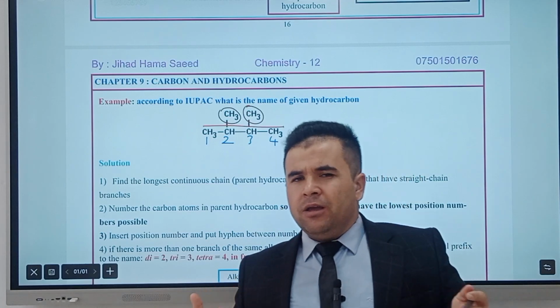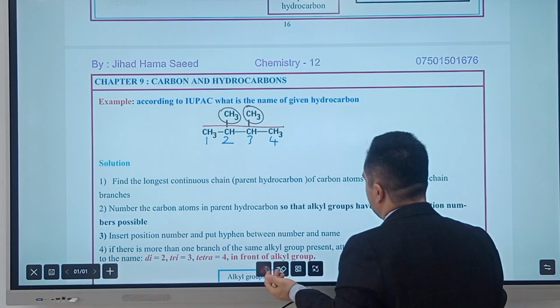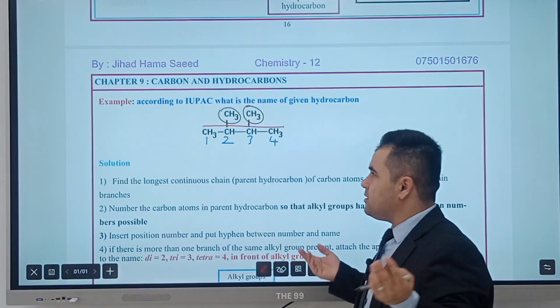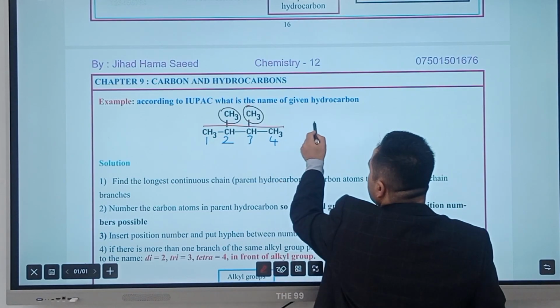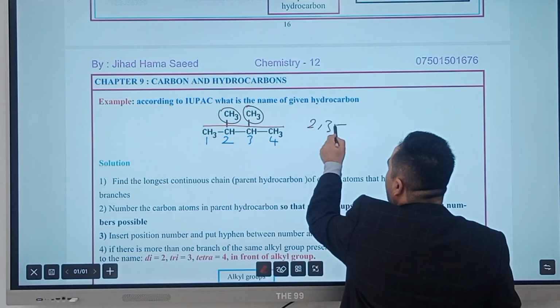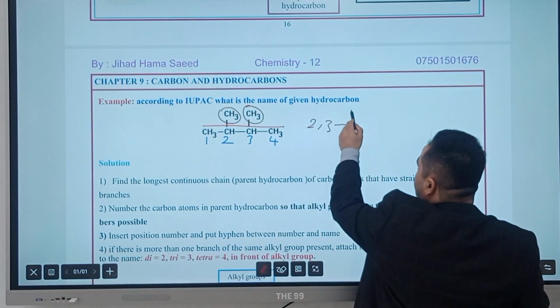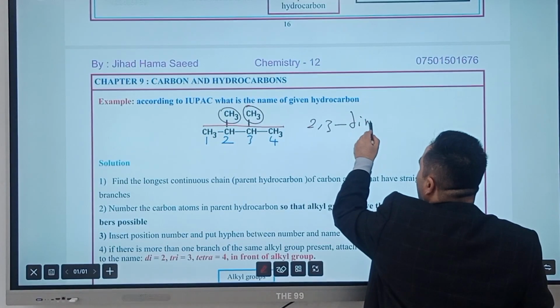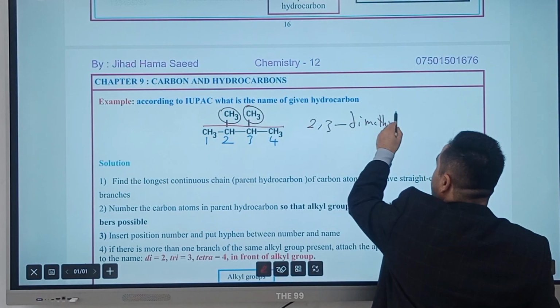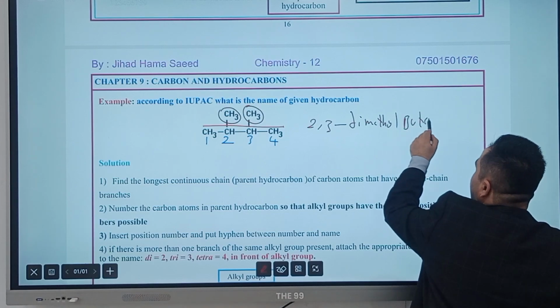We usually have no more than 4 of the same alkyl group, but there is existence. So in this case, write 2 comma 3 hyphen. The 2 alkyl groups are the same, so do not forget to use di, and then the name of the alkyl group is methyl, and then the parent is butane.